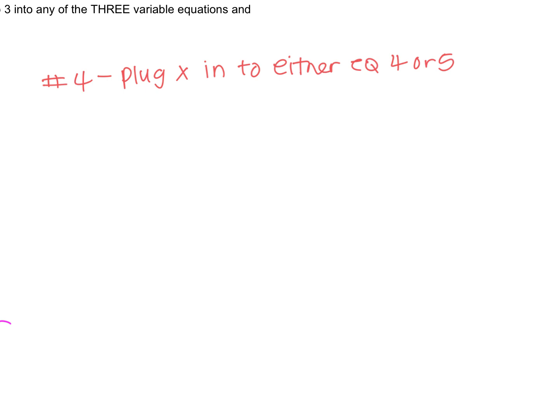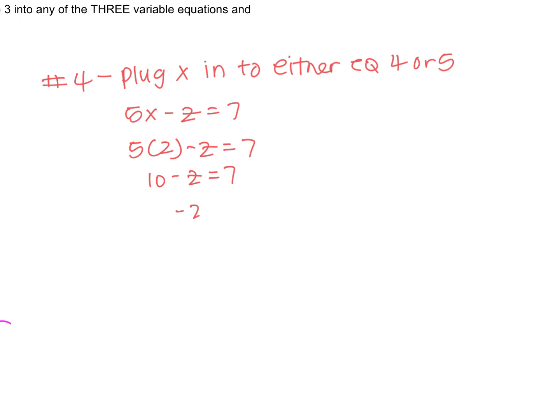So x is 2. I plugged it into equation 4. So equation 4 was 5x minus z equals 7. So I did 5 times 2 minus z equals 7. So 10 minus z equals 7.